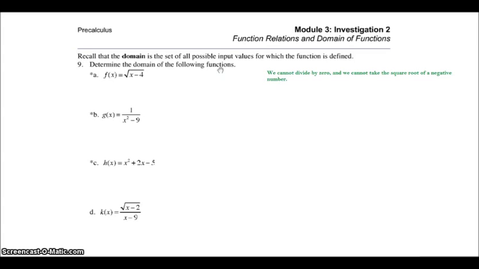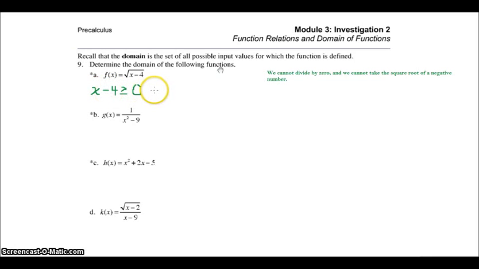Remember, the domain is the set of all possible input values for which the function is defined. In this case, what we have underneath our square root has to be greater than or equal to 0. It can't be negative. So again, x minus 4 has to be greater than or equal to 0. Make sure that that makes sense. Then if we look at this inequality, we can solve for x to determine all the possible inputs.